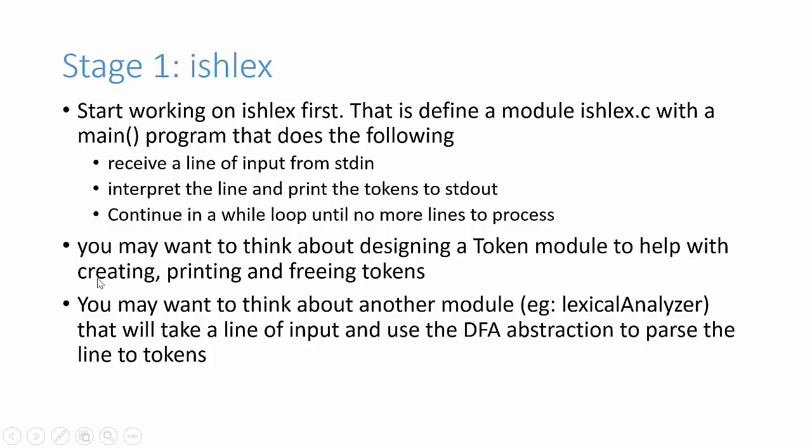As you create, print, or free tokens, it's helpful to have a token module to do that. You can also think about another module like a lexical analyzer that will take a line of input and use the DFA abstraction to parse the line into tokens. So essentially, you would probably need about three modules: ishlex.c, token.c, and perhaps lexical analyzer.c.